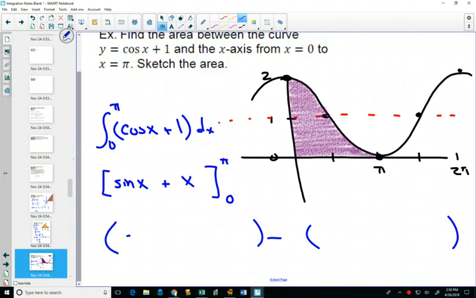Plug in pi: sine of pi is 0, plus pi. Minus, sine of 0 is 0, plus plug in 0, 0. And the answer is pi, which is really cool.